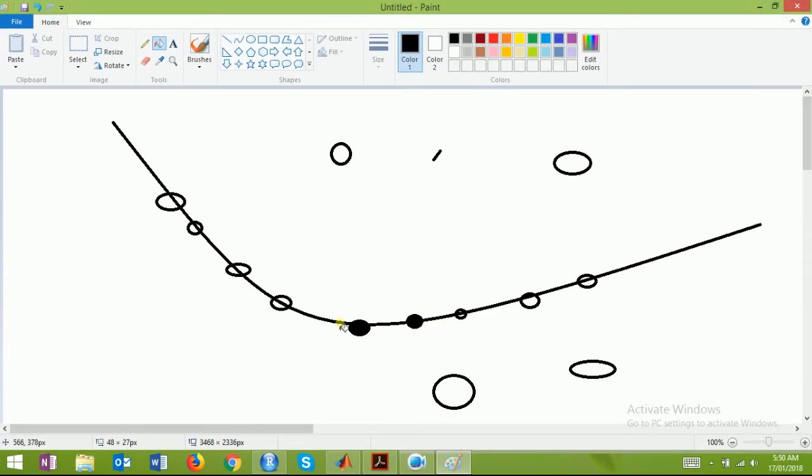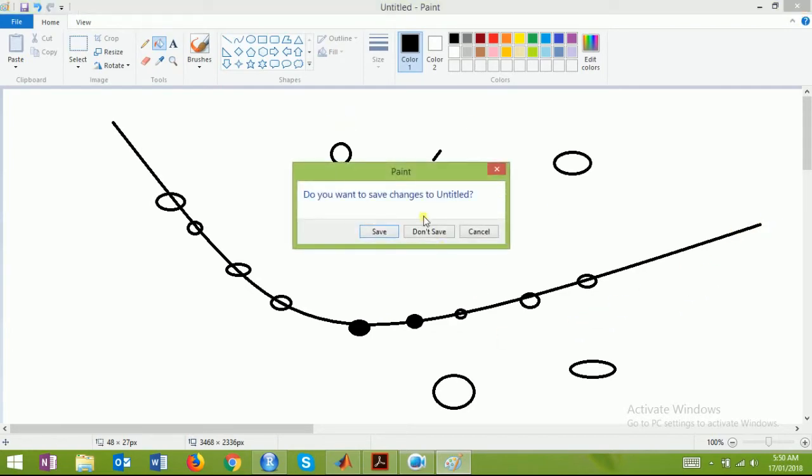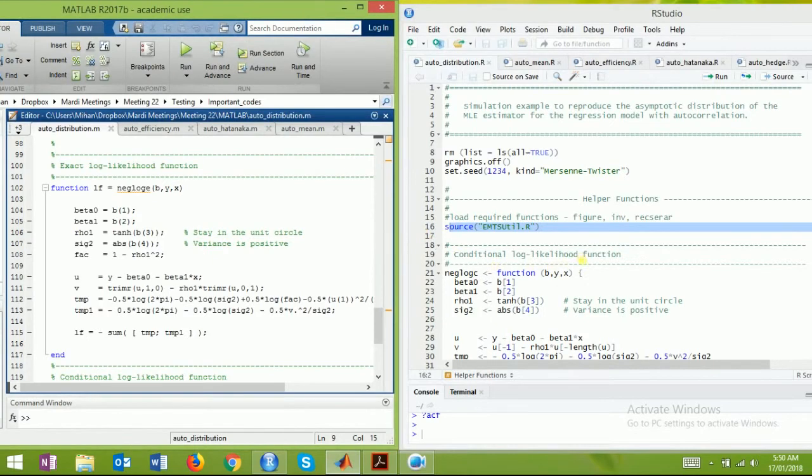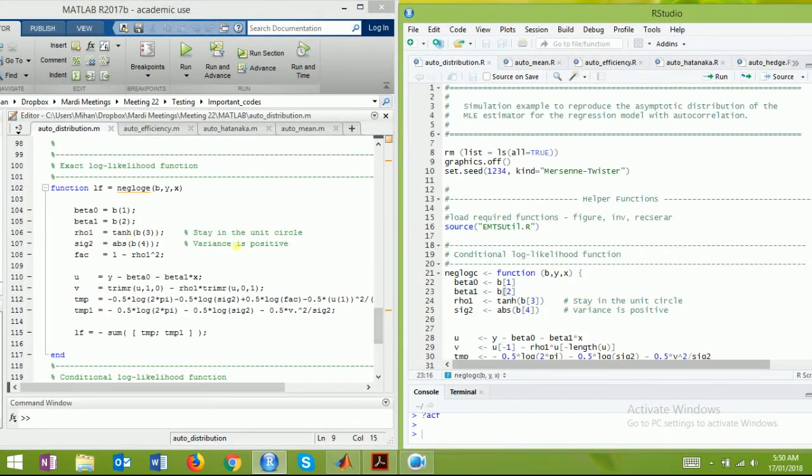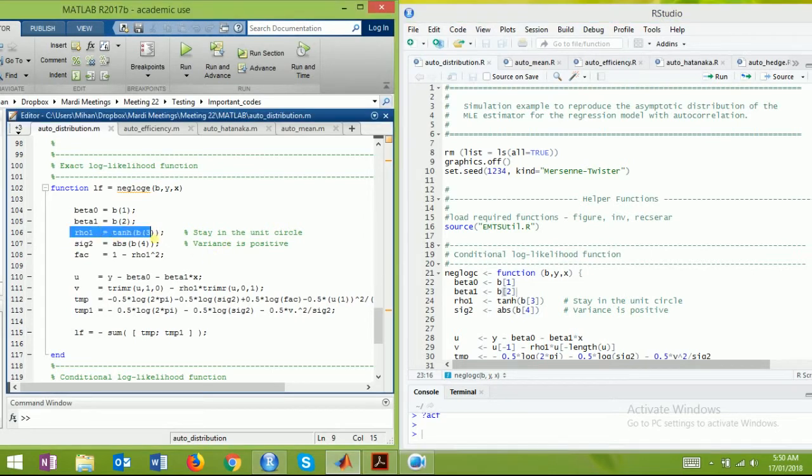Hope you understand. Without the tangent function, the estimations will wander away. With the tangent function, there is a restriction that the estimations are located on the parabola. Okay, so for rho, we want our correlation coefficient to be within a restricted parameter.